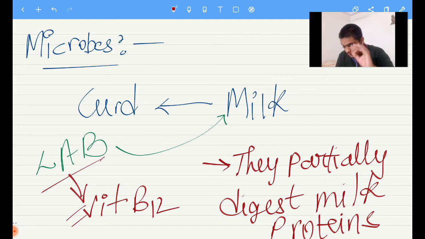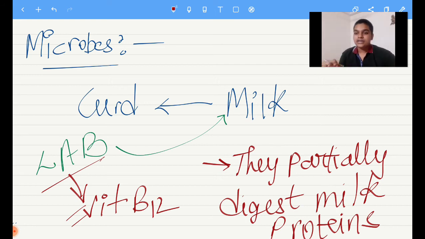They partially digest milk proteins by secreting lactic acids, and this group of bacteria is known as LAB bacteria, and the previous day's curd which is added to the milk in order to convert into fresh curd is called inoculant. You add a small spoon of inoculant in order to convert milk to curd. These are the points you have to remember in this matter.